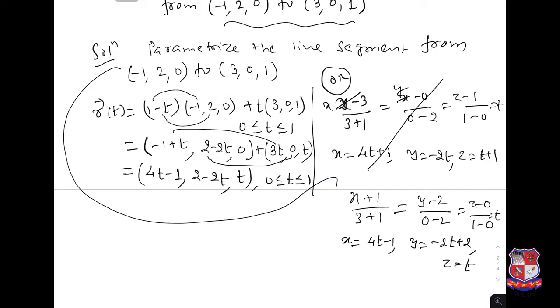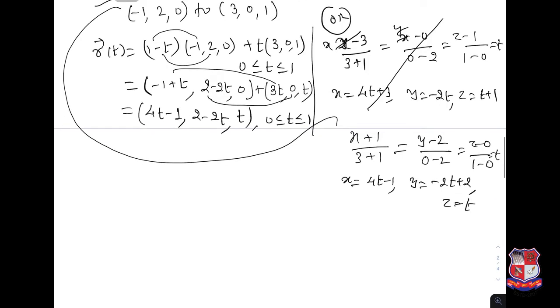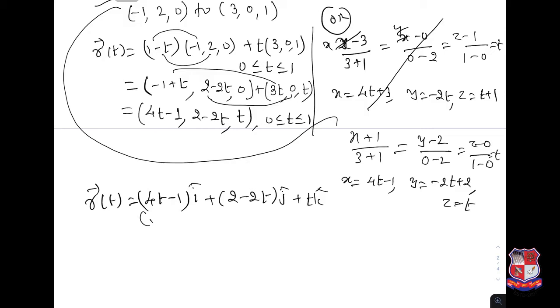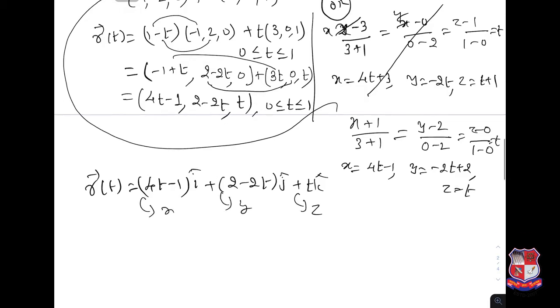Then you will get the same one. Whether you take the first point as (-1, 2, 0) or (3, 0, 1), everything will be the same. So we have r(t) equal to (4t minus 1) i plus (2 minus 2t) j plus t k. This is x, this one is y, and this one is z.